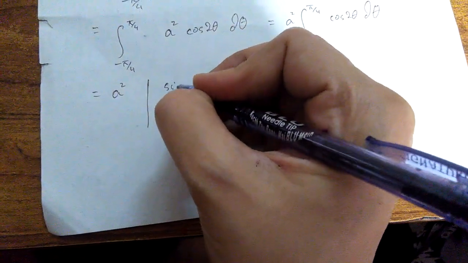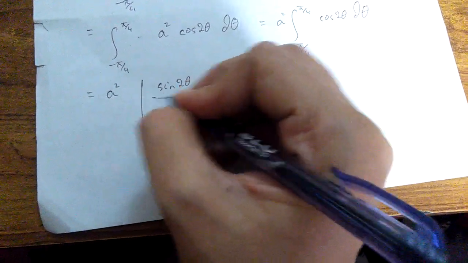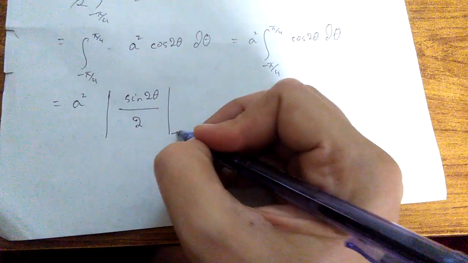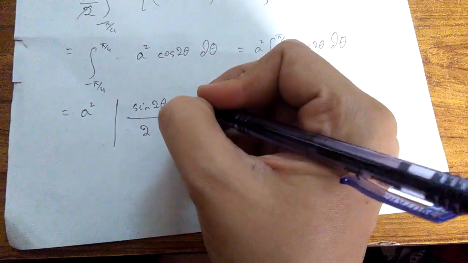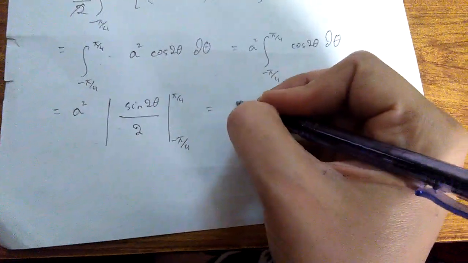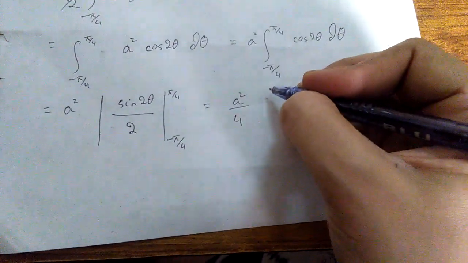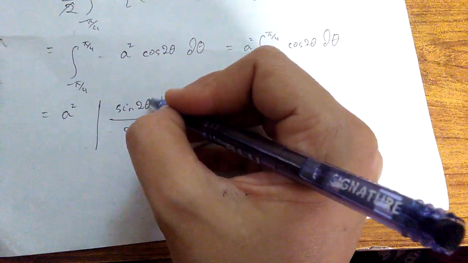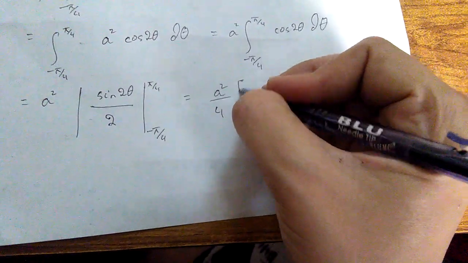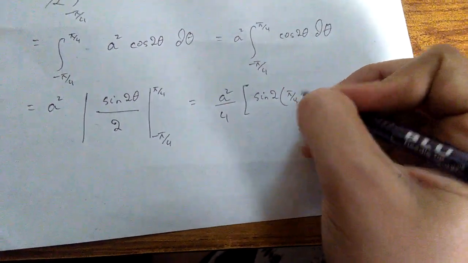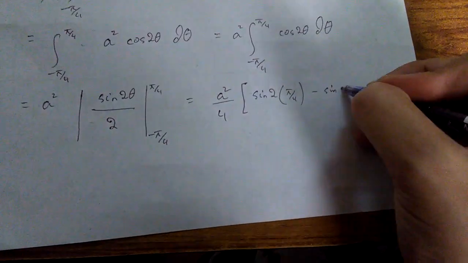So it is sine 2 theta, and whatever the angle is, we take its derivative in the denominator with respect to this variable, so it is 2. This 2 will go outside. It's just a preliminary integration, and then we apply the limits: the upper limit minus the lower limit.